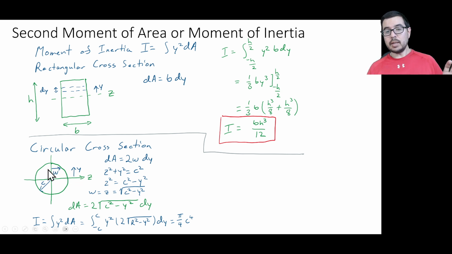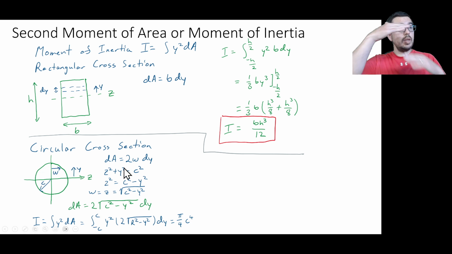So at a y-axis along the z till it hits the outer surface. So in this case, the dA will be 2w, so there's a w going from here to here, times dy. So we're going to again take these y chunks.